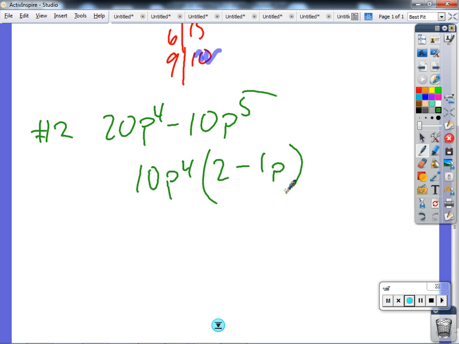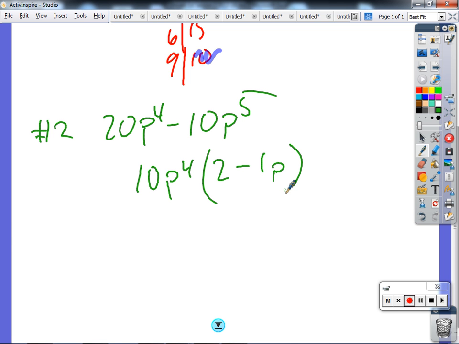Any questions upon that one? Well, the other way, so once again, we're always trying to pull out the greatest common factor, right? Do 10 and 20 have other numbers that they have in common? Oh, yeah. What do they have? 2p to the fourth minus c to the fifth.